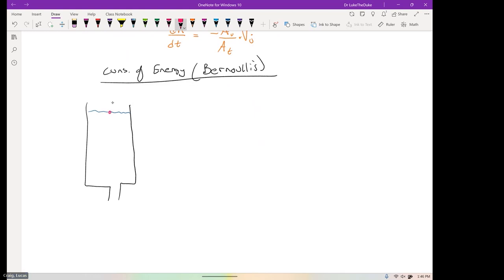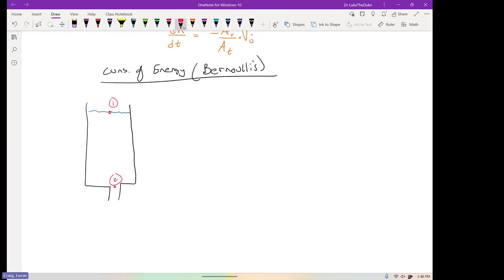Right here? We'll label that 1. Right here, where it goes out. Why isn't the bottom one number 1 and the top one number 2? Because it what? In which way is the fluid moving? Yeah, so it's always the direction that the fluid's moving. That's how you go 1, 2.